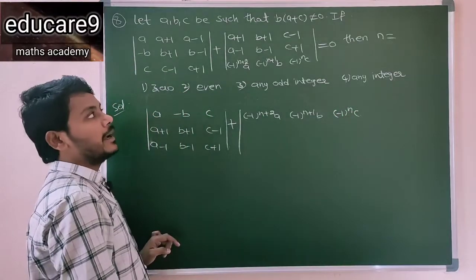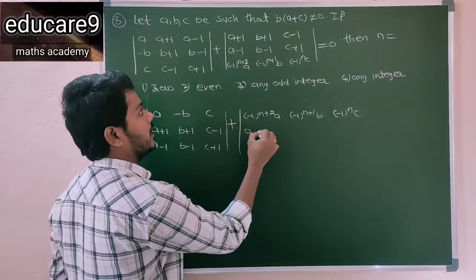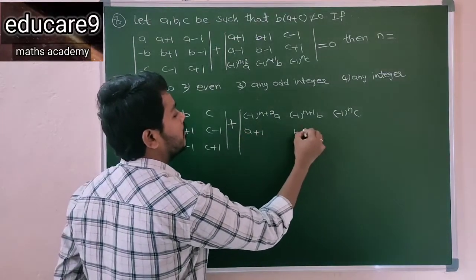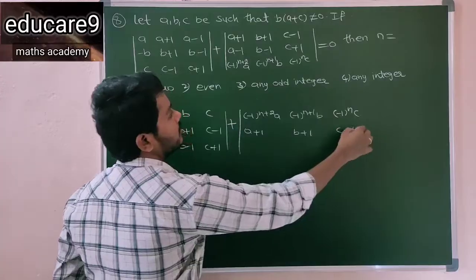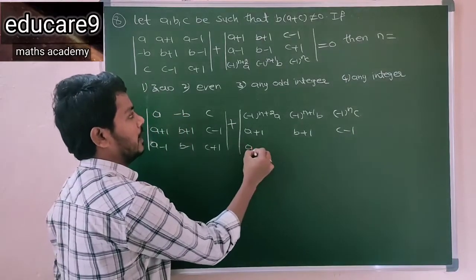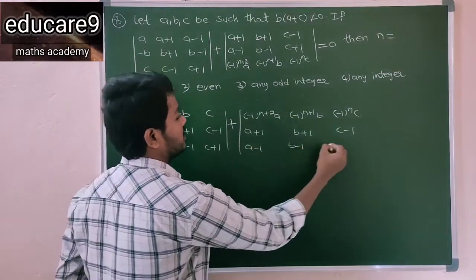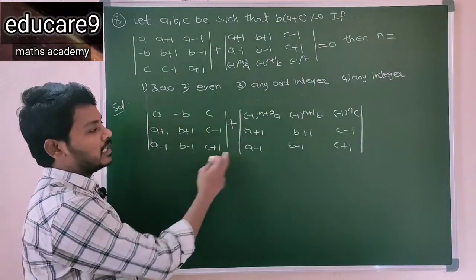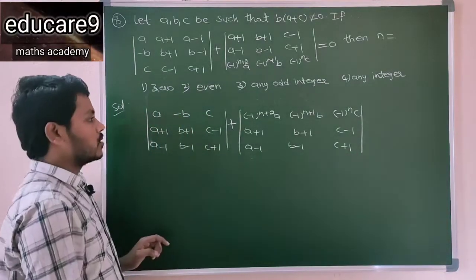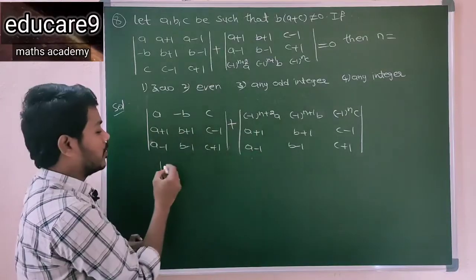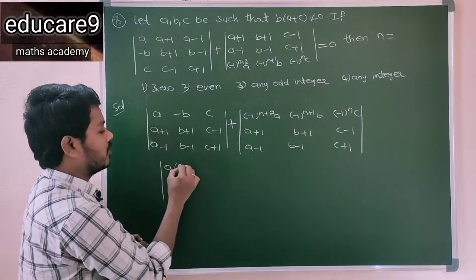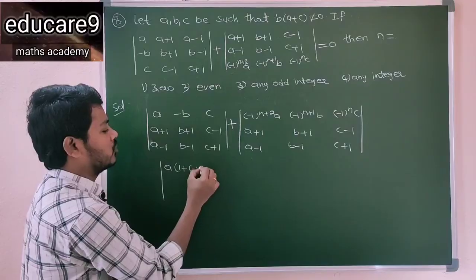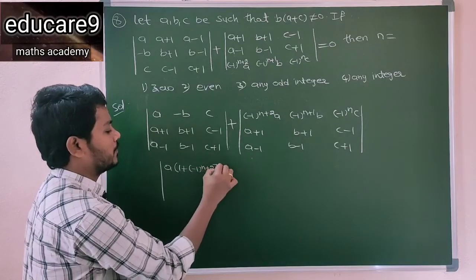Okay. And second row a plus 1 b plus 1 c minus 1, next one a minus 1 b minus 1 c. Now add these two determinants. So what you get? Here a common, you will get 1 plus minus 1 to the power of n plus 2.